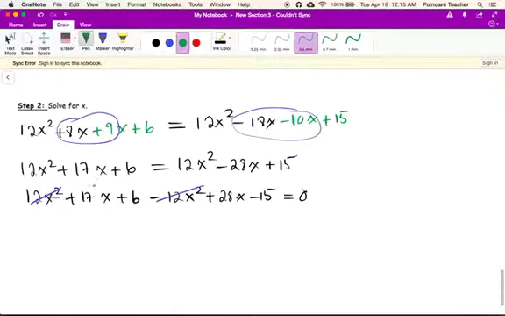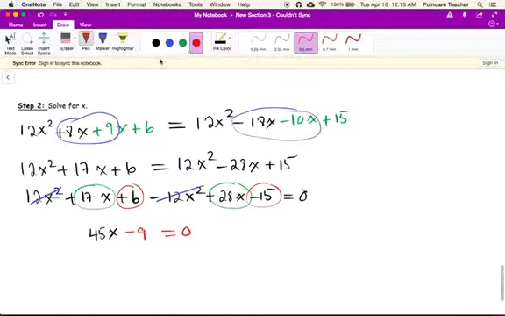And then the 17x and the 28x will combine to give you 45x. And then the 6 and the negative 15 will combine to give you negative 9, equal to 0.